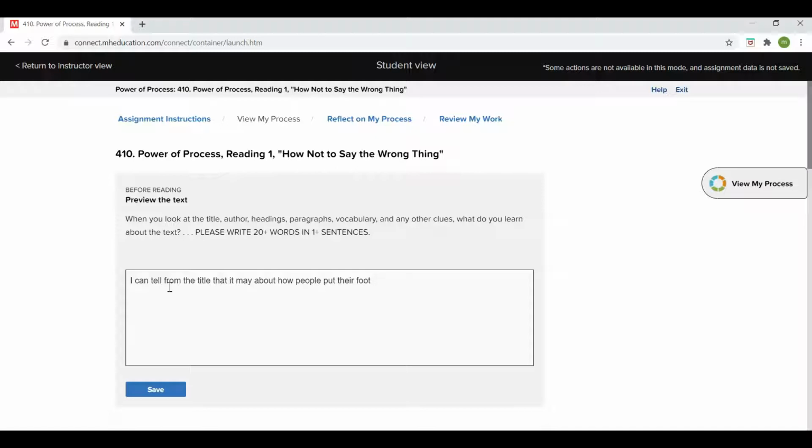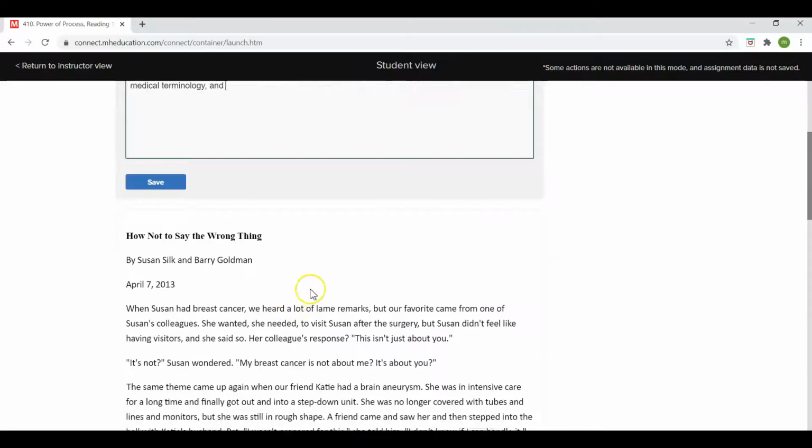I want to make it plural because it's people, but really it happens one at a time. So, put their foot in their mouth. Right? There's some medical vocabulary. There's also some medical terminology. Right? And something else.